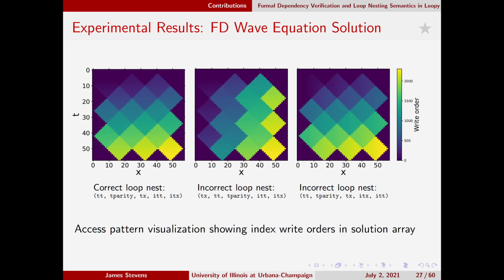Like I said, we haven't imposed an ordering on the loops yet, and these are visualizations we created by specifying both incorrect and correct loop nest orderings. The color fade from blue to yellow shows the order that the results were written, and the ordering we want is on the left.